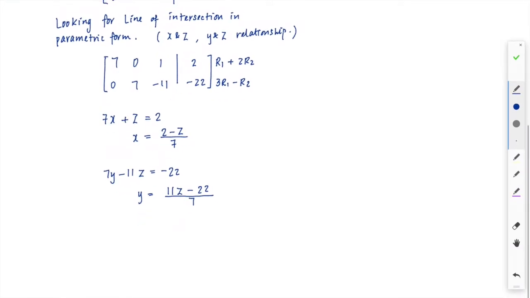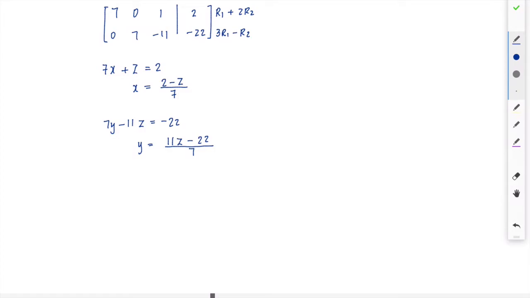Well, since both of these parameters have a fraction of 7, what I can choose, instead of z being lambda, I can use z equals 7 lambda. Then x will be 2 over 7 minus 7 lambda over 7, which is lambda.